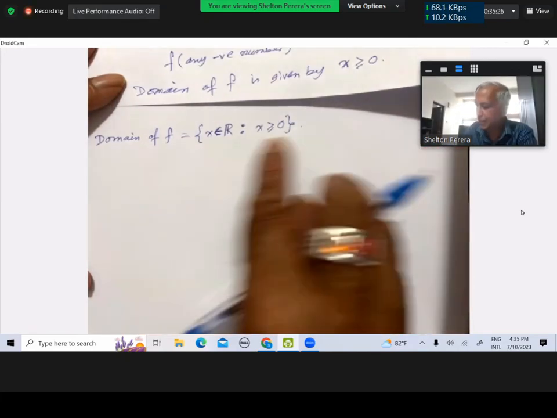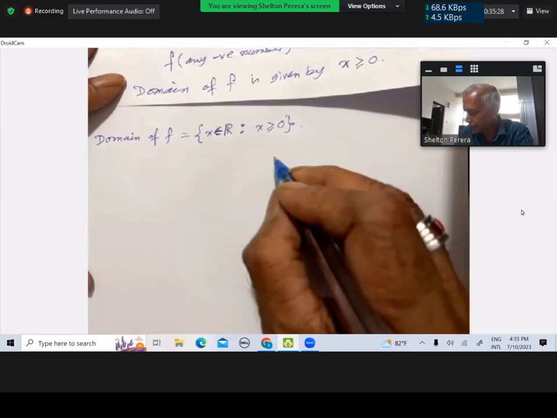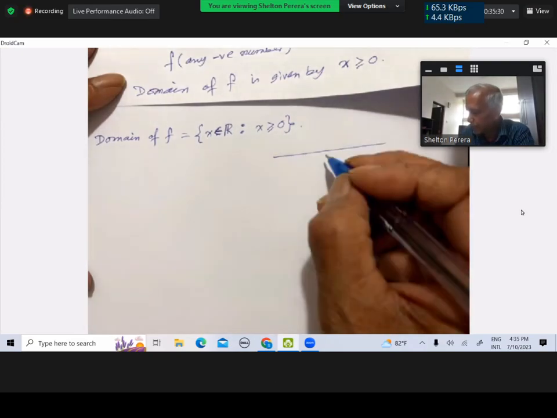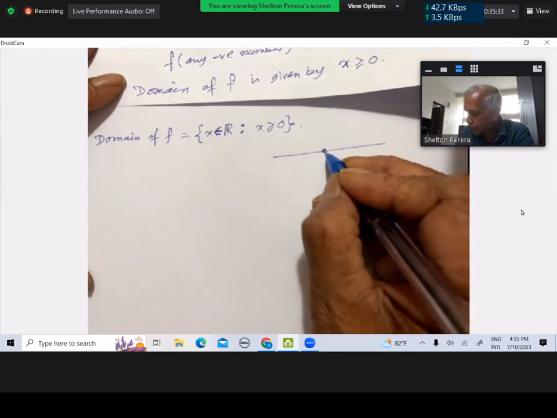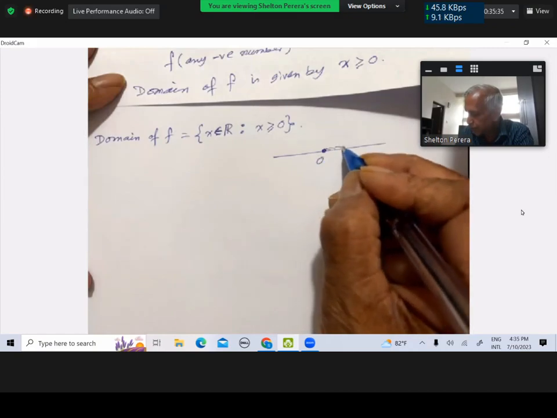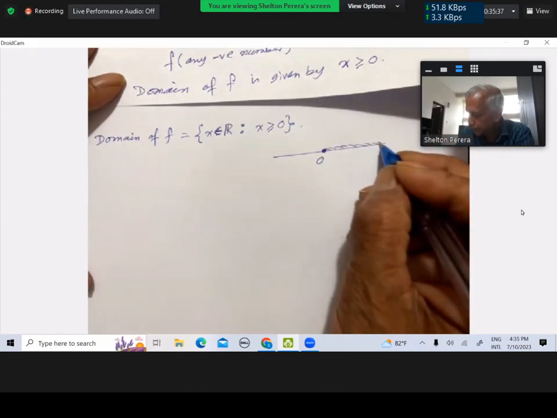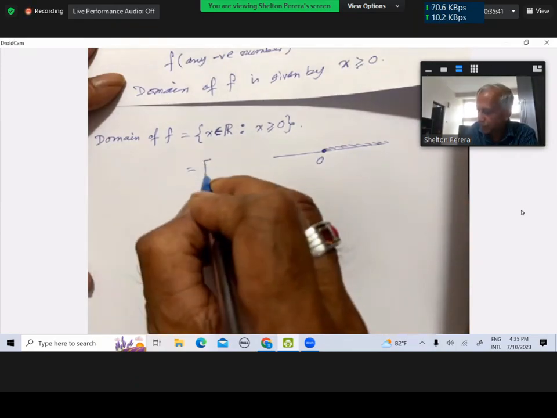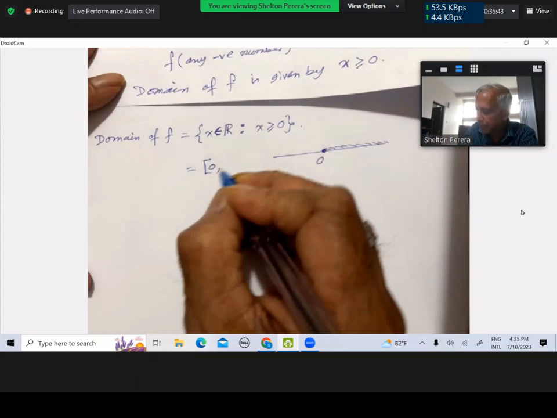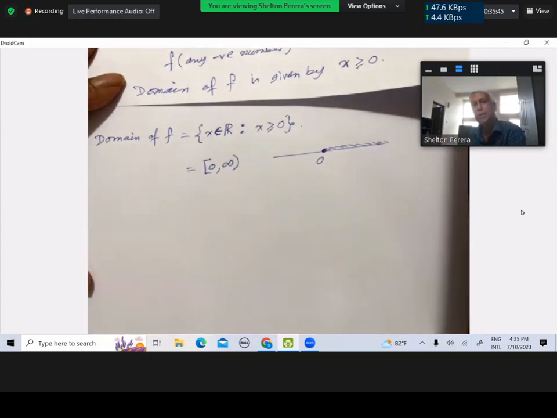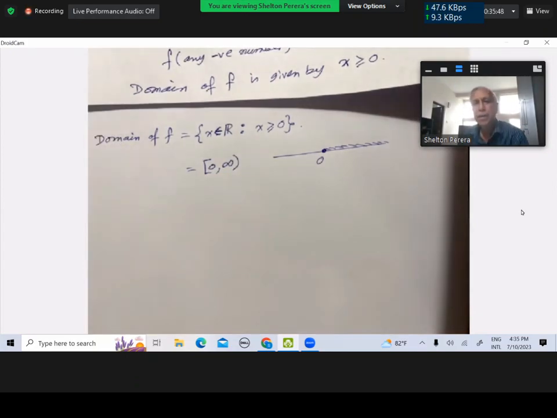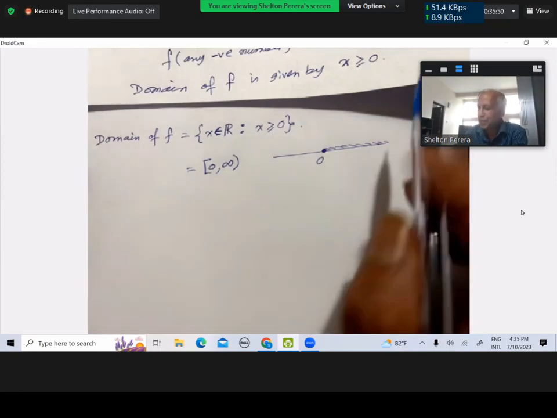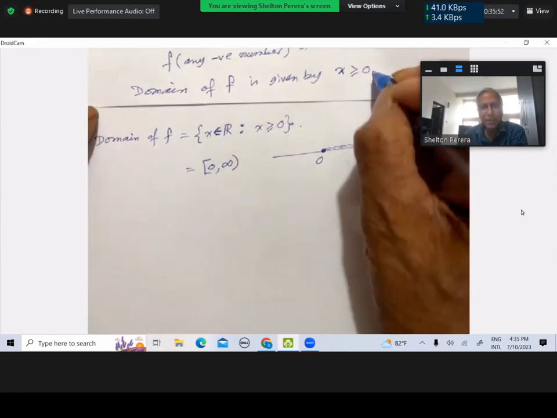Now, in interval notation, if you visualize this on the number line, if 0 is here, this is the domain geometrically. That is an interval. You can write that as the closed interval [0, infinity). If you can get to this place, that's enough for now.